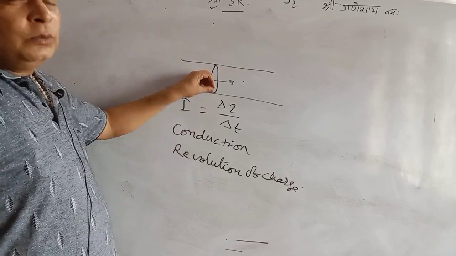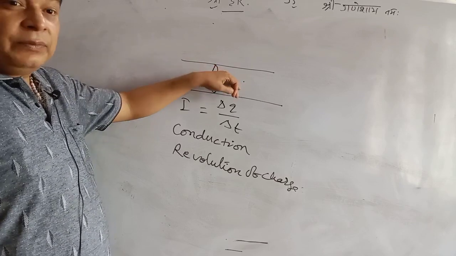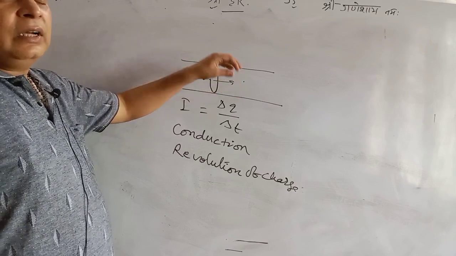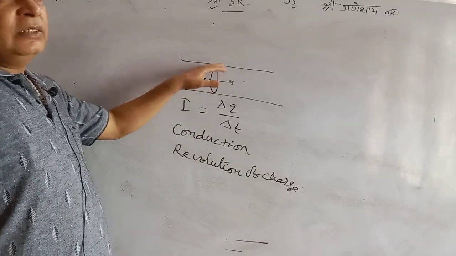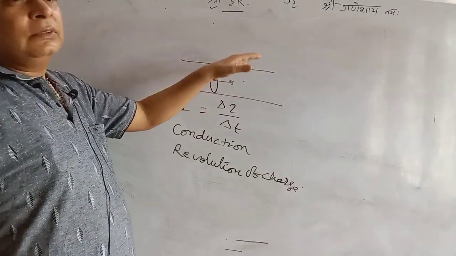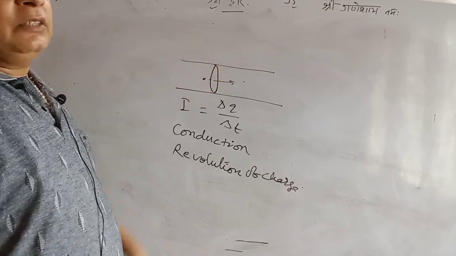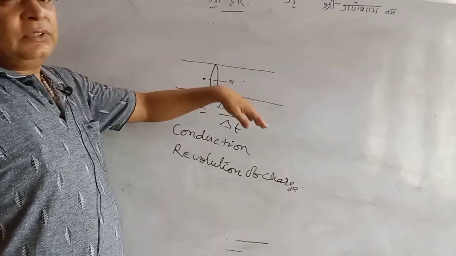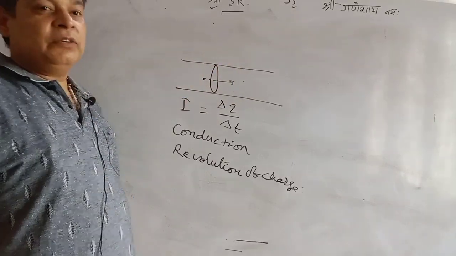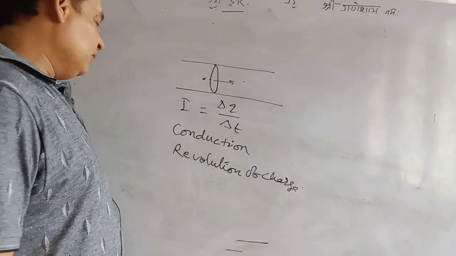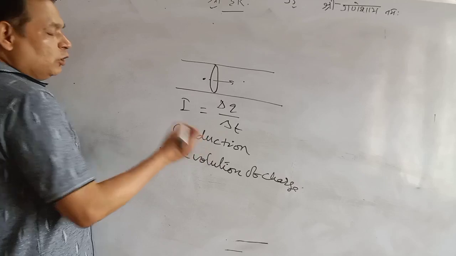It is opposite to the electric field when the current carrier is negative. In conductors, the current carrier is negative, that's why charges drift opposite to the electric field. Charges drift from lower to higher potential, but current will be taken from higher to lower potential.